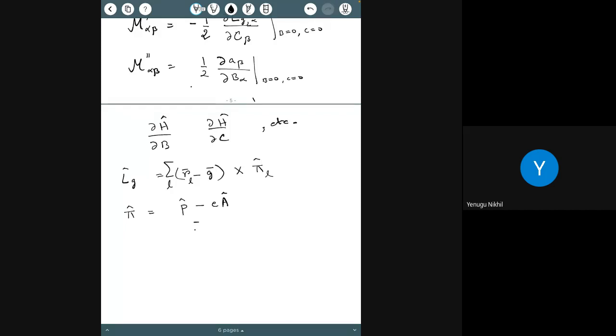Also, although we do take the angular momentum with reference to the gauge origin, because that is already available to us, the definition of the operator can be with respect to something arbitrary. That does not matter. So Q is just an arbitrary point with respect to which you define the angular momentum. Okay, so this is the first quantity.